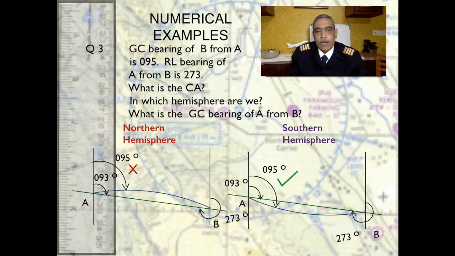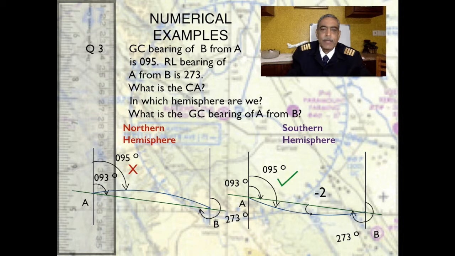Now let us get on to solving the last portion. Now that the Rhumb line track is 273 and 093 is the reciprocal, and the great circle track is 095, the conversion angle is 2 degrees by definition. Therefore, 273 is the Rhumb line track, and we need to find the great circle bearing of A from B, which lies left of this track.